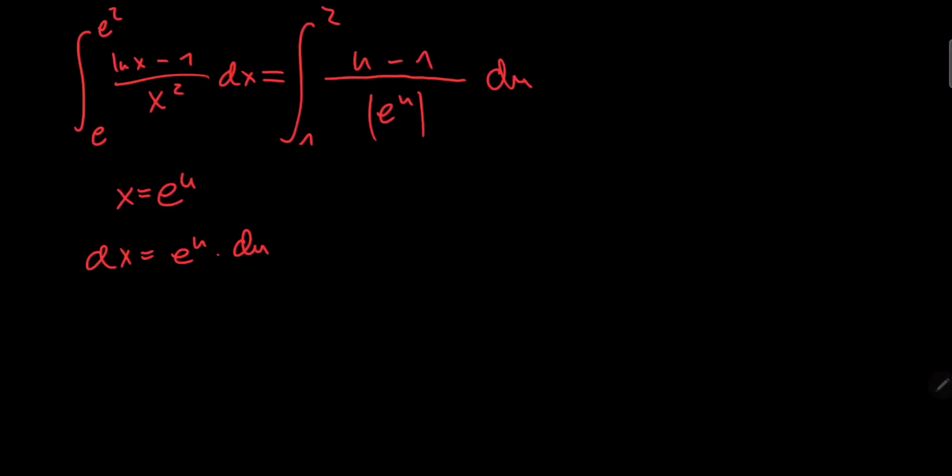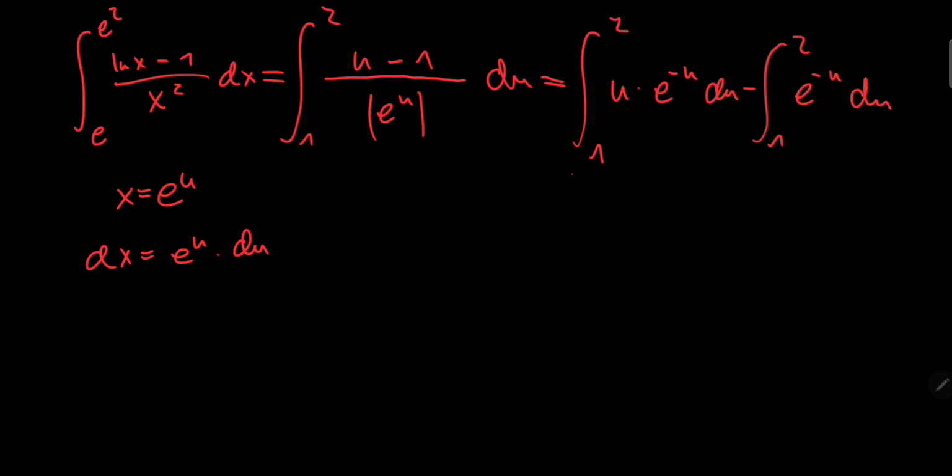And now we want to split this integral into two integrals, giving us the integral from 1 to 2 of u times e to the negative u, and that's just rewriting this 1 over e to the u as e to the negative u, du, minus the integral from 1 to 2 of e to the negative u du.